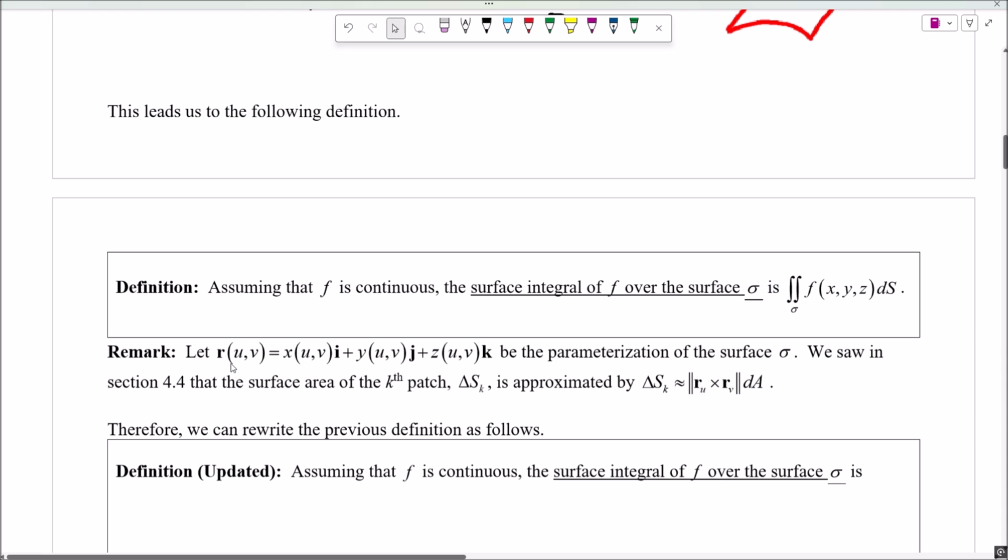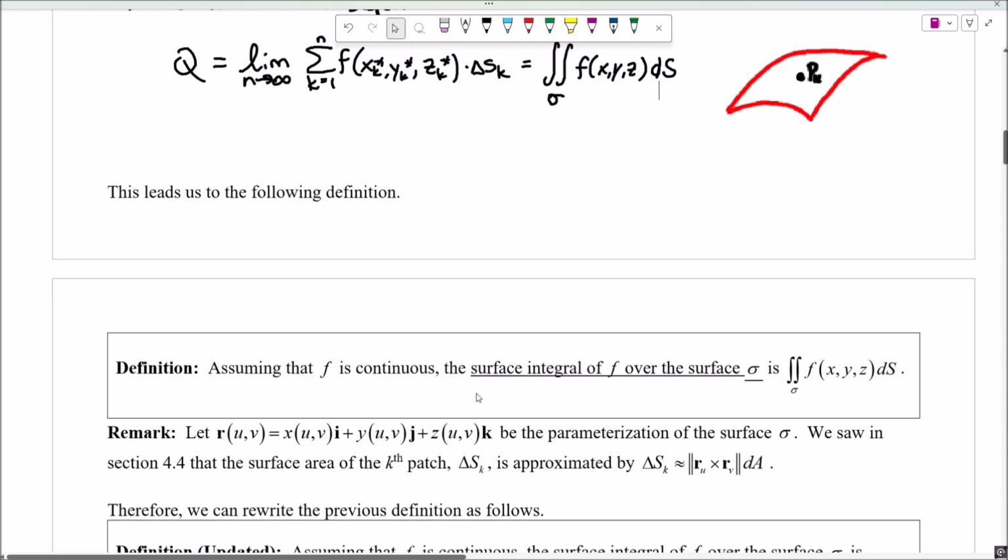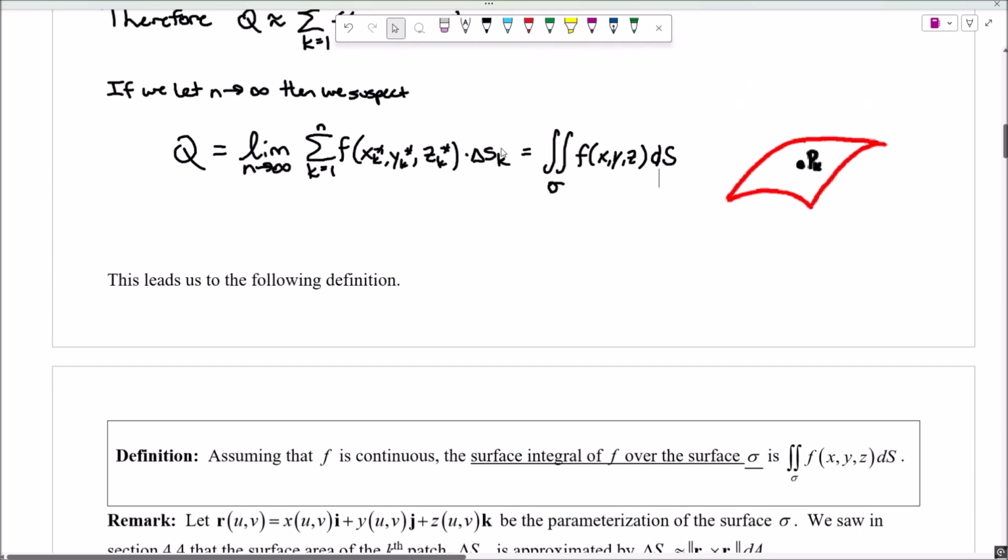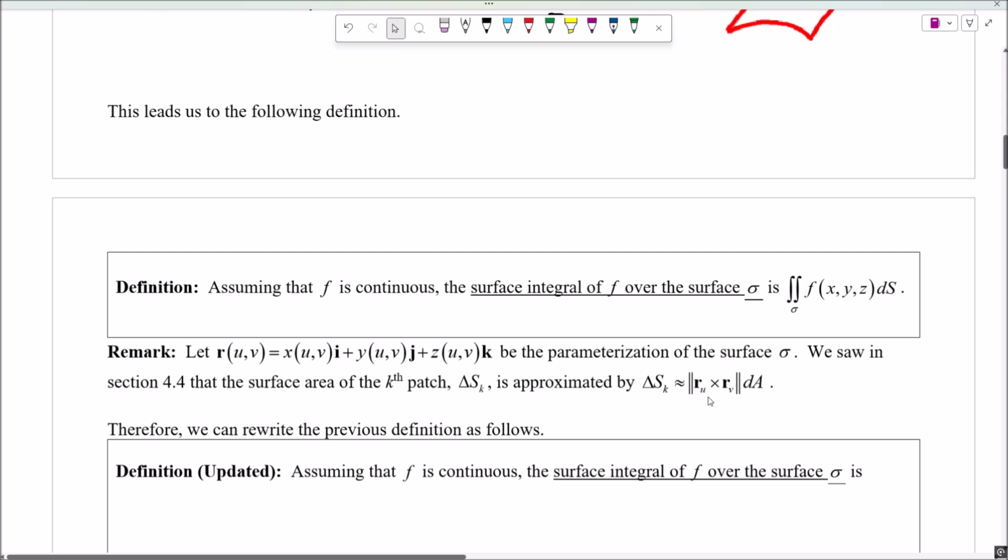If I had a parameterization, an r of uv, that parameterized the surface sigma, we saw back in section 4.4 that the surface area for this patch, this delta S sub k, could be substituted by the norm of the cross product of the partials of r with respect to u and v. Remember, this came from the idea that the two vectors created by these partials, if I do the cross product and take their norm, I find the area of the parallelogram determined by them. And that gave me an approximation for the surface area of the patch.